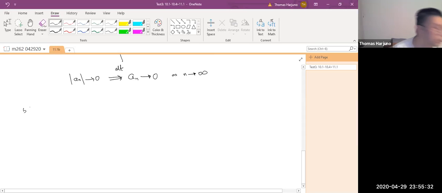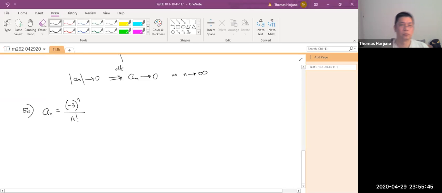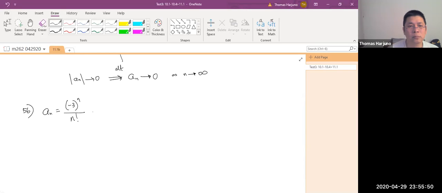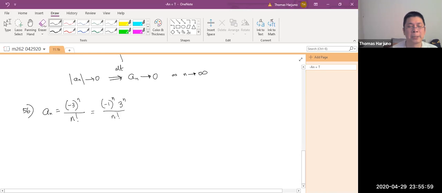Number 56, we have a sub n equals -3 to the n over n factorial. Let me separate the top first so that we can see that it is actually an alternating sequence. To go away from the alternating sequence, I put the absolute value.